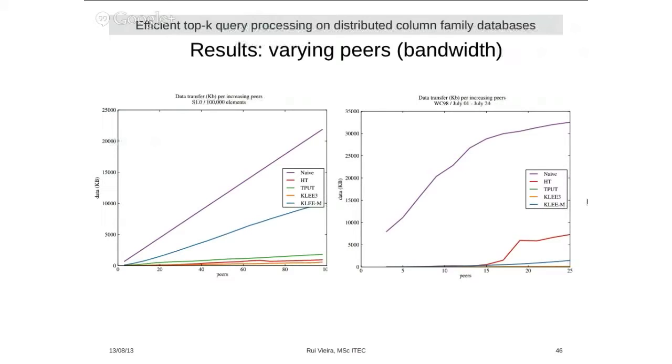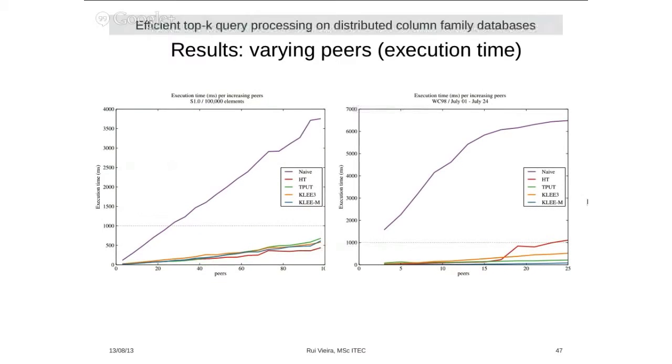For real-world data, we see the same kind of good behavior for these algorithms, except average threshold, and obviously naive is out of the question as it grows almost exponentially. Now, execution time for varying peers. This is a different type of result, obviously.